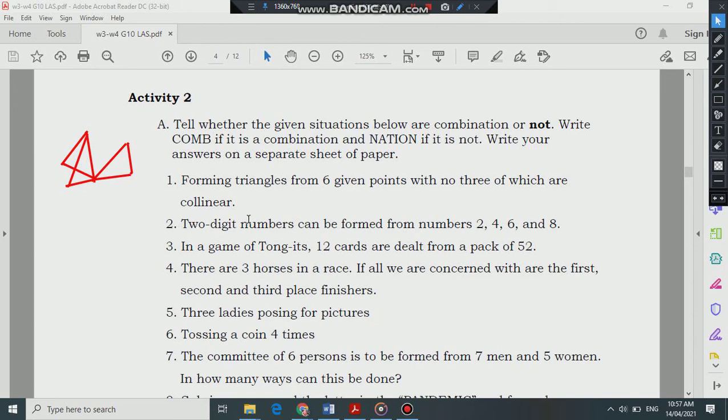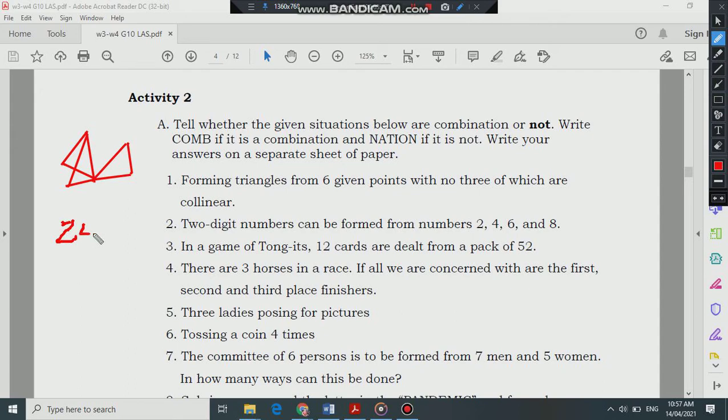Next, 2-digit numbers can be formed from numbers 2, 4, 6, and 8. So, we need to write 2-digit numbers out of these digits. We have 4 digits, and we will write 2-digit numbers. Can you give an example? We could have 24.